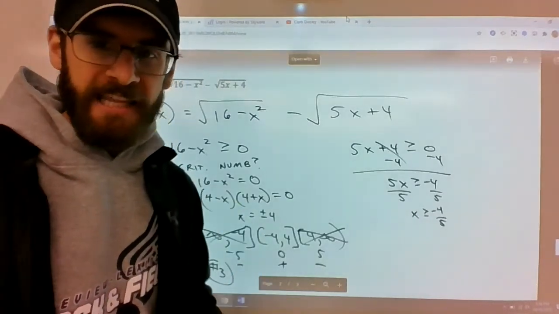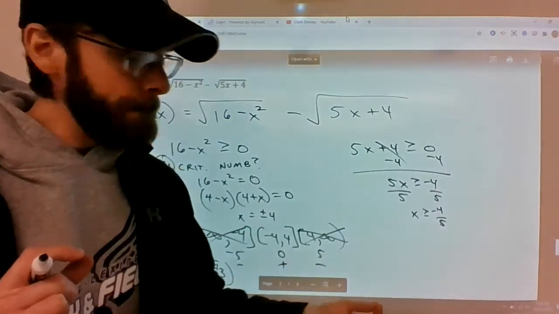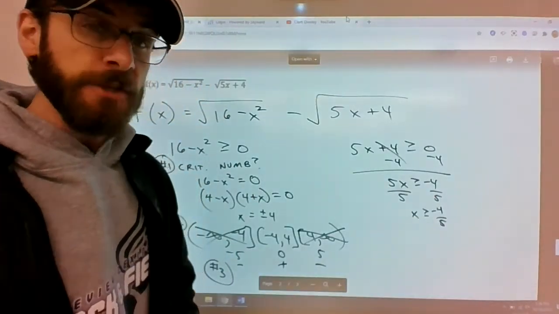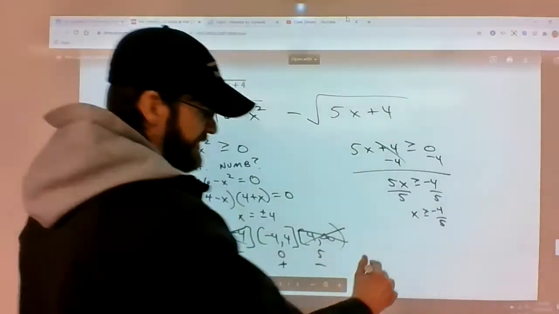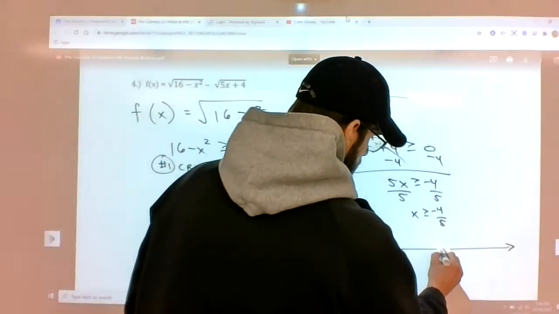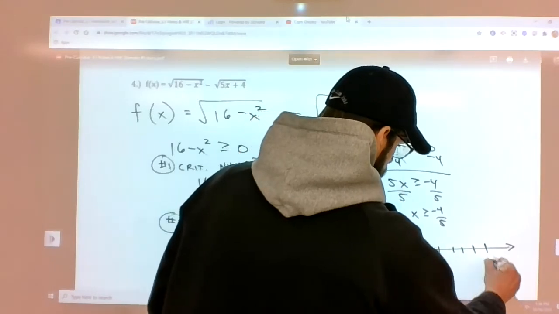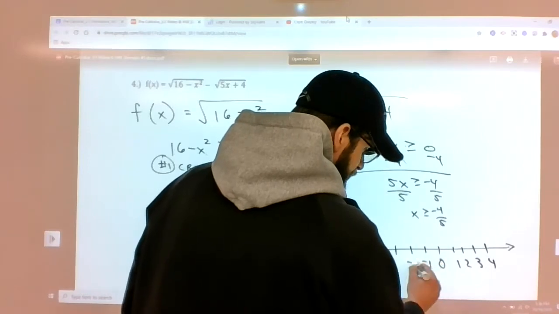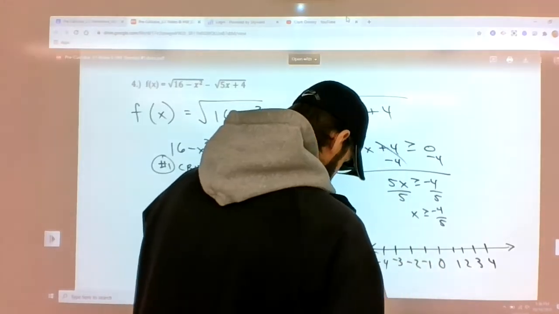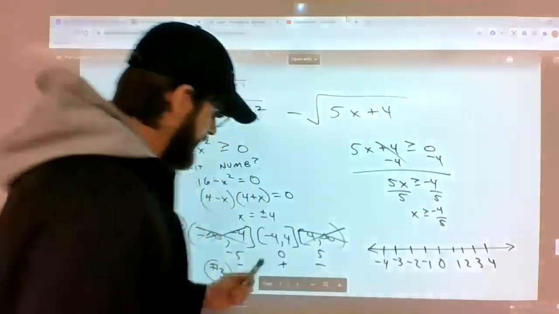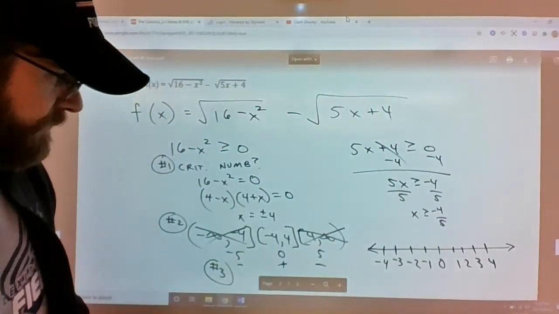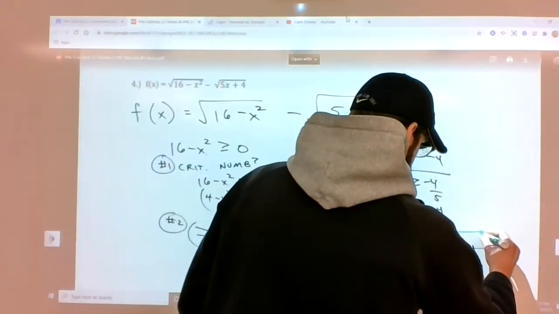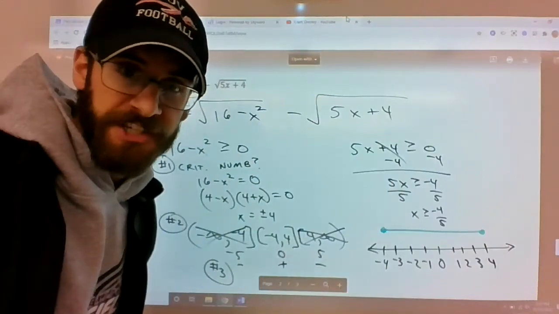So here's what we're thinking. My function's got to live from negative 4 to 4, but it's also got to be greater than or equal to negative 4/5. So one way in which you guys can visualize this is to say, if I were to make a number line and I were to graph both solutions, so let's say I do this one in green, this would be the visual representation of my solutions.